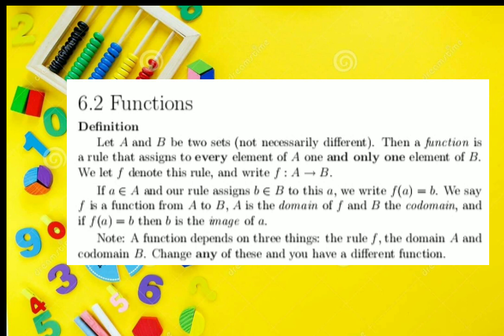And if F(a) = b, then b is the image of a. We have there a note that a function depends on three things: the rule F, the domain A, and the codomain B. Change any of these and you have a different function.